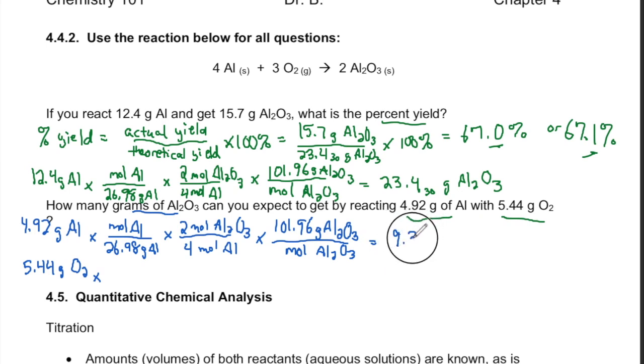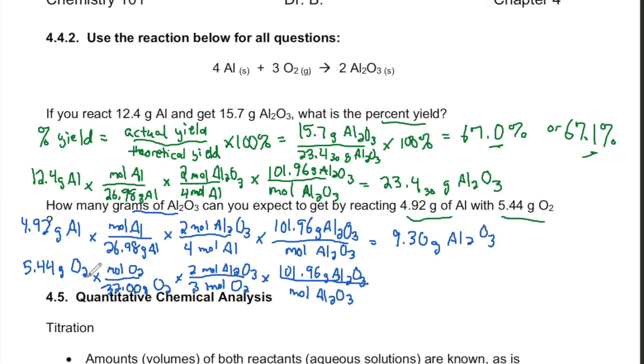This time we get 9.30 grams of aluminum oxide as our result. Then for the oxygen, we use the molar mass of oxygen and the molar ratio of oxygen, 3 moles of oxygen producing 2 moles of aluminum oxide, and then the molar mass of aluminum oxide to get 11.6 grams of product that can be produced with the amount of oxygen that we have.